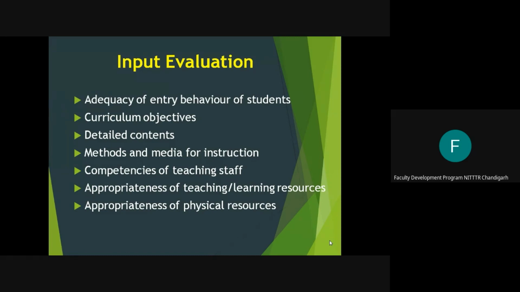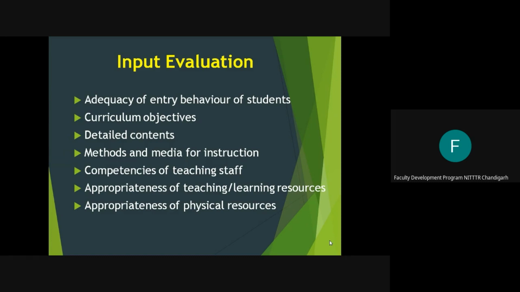Another area is whether the faculty and staff are competent or not. See, the curriculum may be very good. There are subjects which are developing the right type of knowledge and skill amongst the students, but the staff may not be competent to demonstrate those practicals.